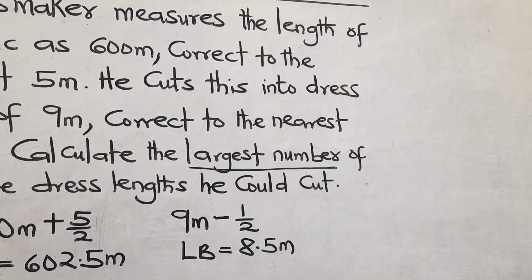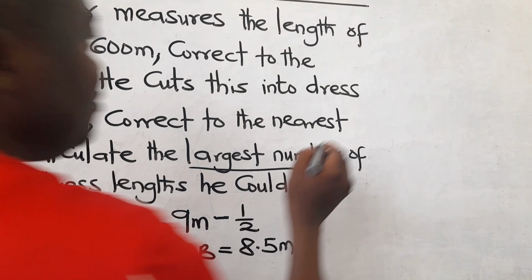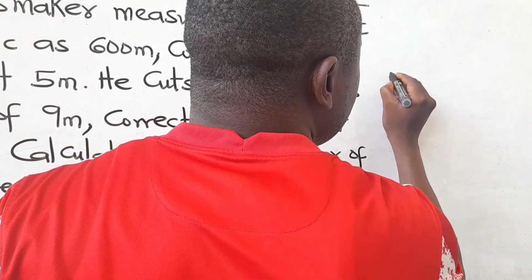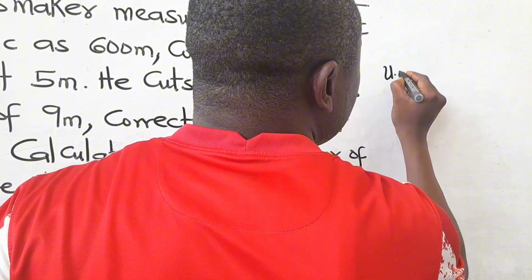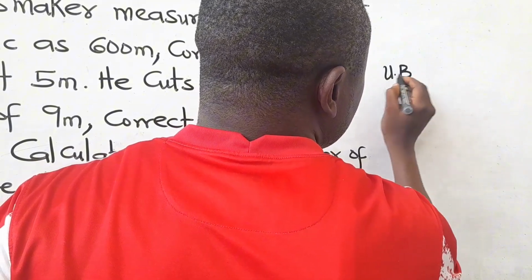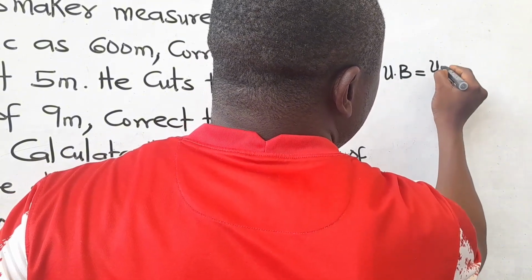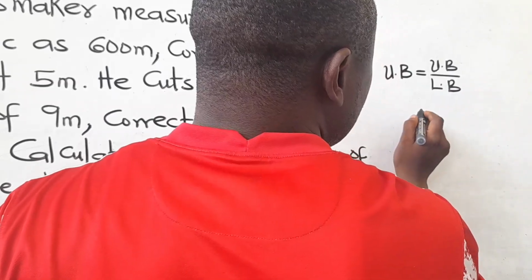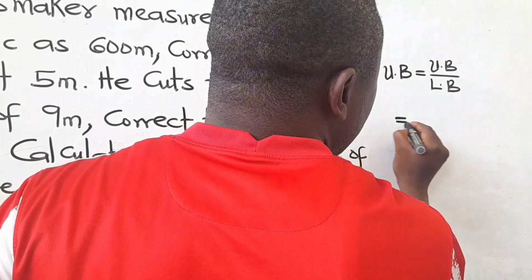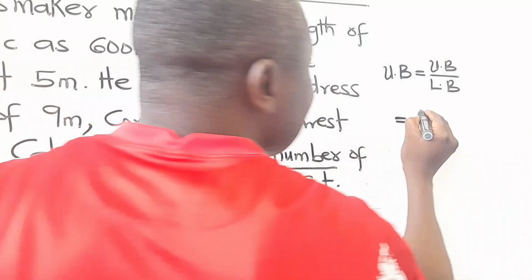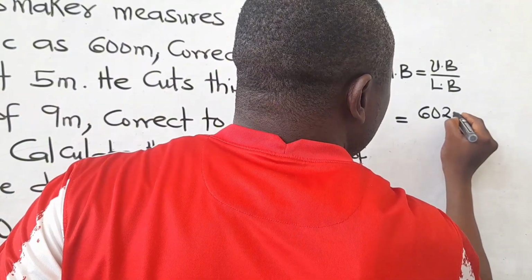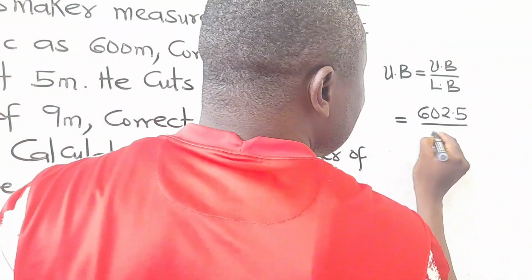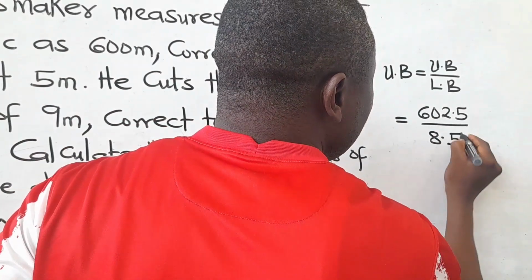So the largest number will be the upper bound over the lower bound of the second one. So we have upper bound, which is 602.5, over lower bound, which is 8.5.